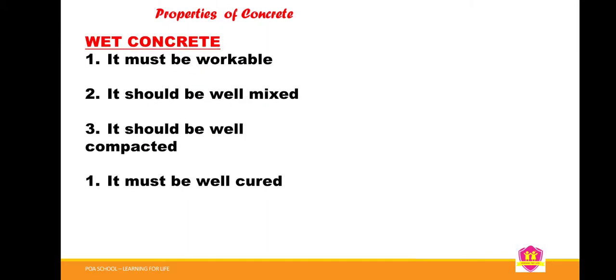Properties of concrete. Properties of concrete can be put into two categories. One, we have the wet concrete, and two, when the concrete becomes hard. So let's look at the properties of concrete at its wet stage. One, it must be workable. Two, it should be well mixed.